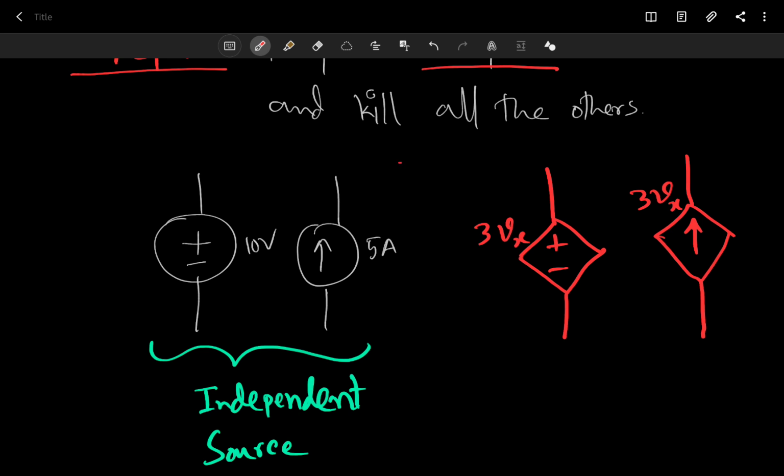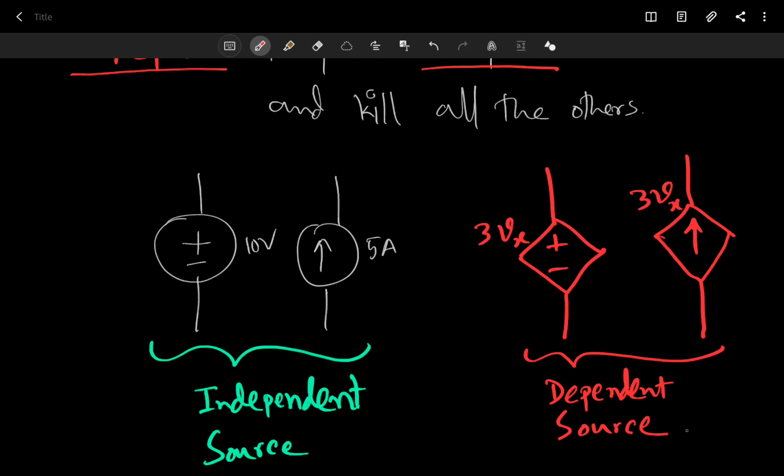So maybe you have a resistor here with Vx, and maybe Vx's value is, I don't know, 5 volt. Then the current here is 3 times 5, 15 ampere. Okay, but it's not written exactly, and we don't know the value of Vx either until we have solved the whole circuit. So that's the difference between them. These are called dependent voltage sources.